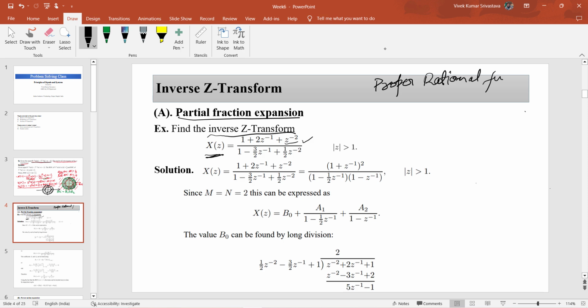Basically there are two kinds of transfer function that usually occur. One is proper, and the other one is improper.